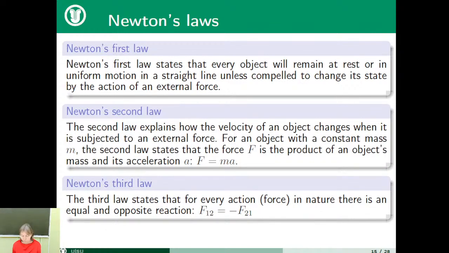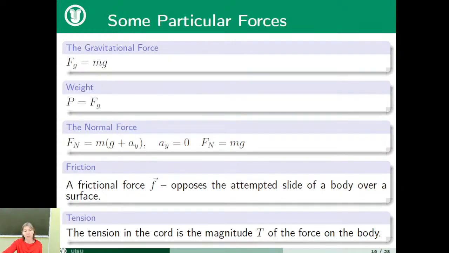And now some particular forces. First of all, the gravitational force. A gravitational force on a body is a certain type of pull that is directed toward a second body.